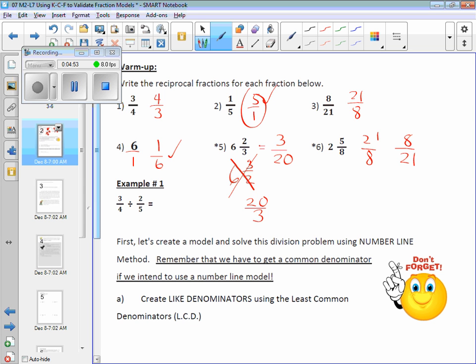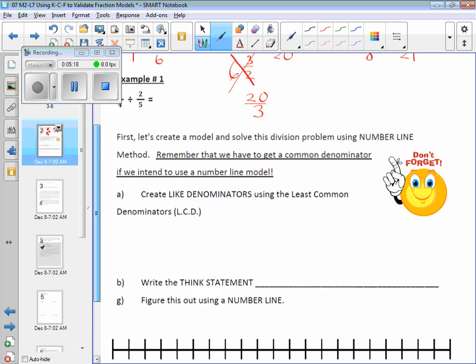Many times I'll see students change it to an improper fraction first and then forget to flip it. So you've got to make sure you do both. All right, the whole gist of this lesson is just to show you why keep, change, flip works. And then once you get it into your head, it is definitely the quicker method, and you can use it all the time. Let's go back to what we did back in lesson 1 by modeling it first.